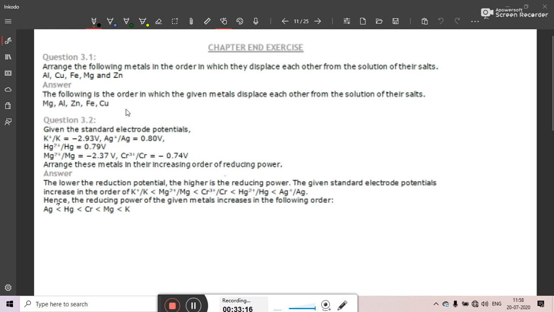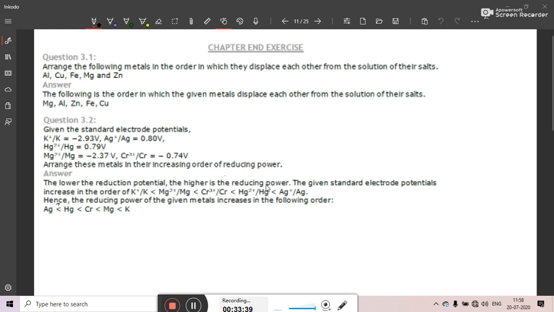Now 3.2 is: given the standard electrode potentials, so reduction potentials of different half cells are given, arrange these metals in their increasing order of reducing power. So here you have to remember that the lower the reduction potential, the higher is the reducing power.